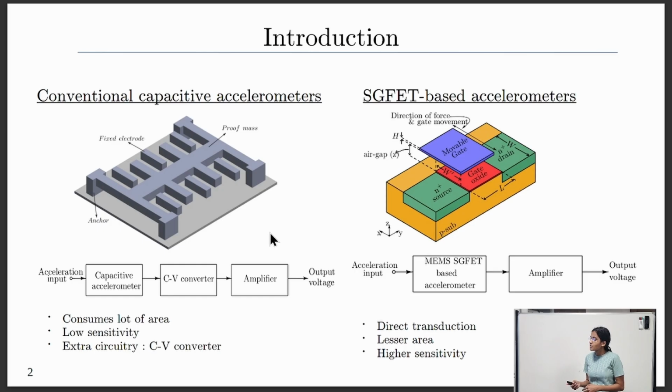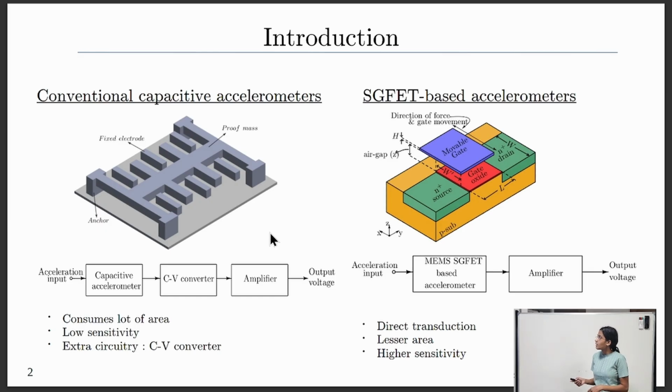The limitations are as listed below. To obtain a better sensitivity, we need a larger sensor, so it consumes a lot of area, and there is also an extra C to V converter circuit. Due to these limitations, SG-FET based accelerometers have been explored as a better alternative.